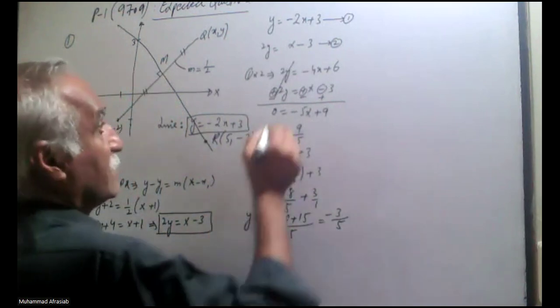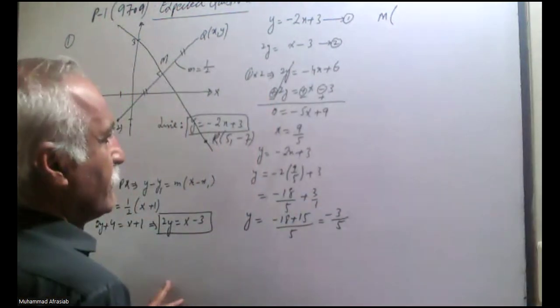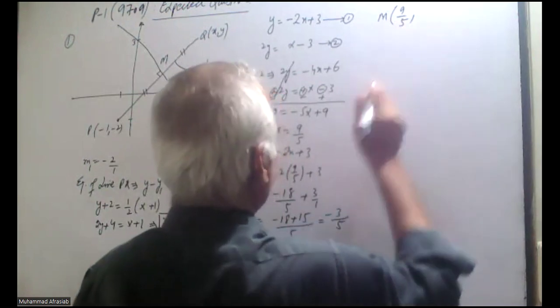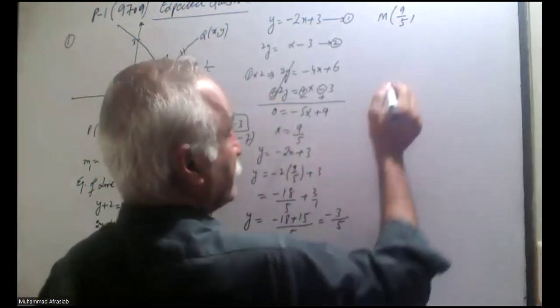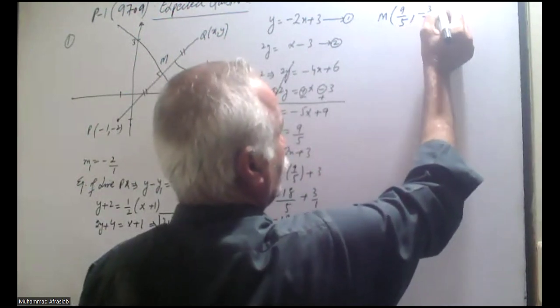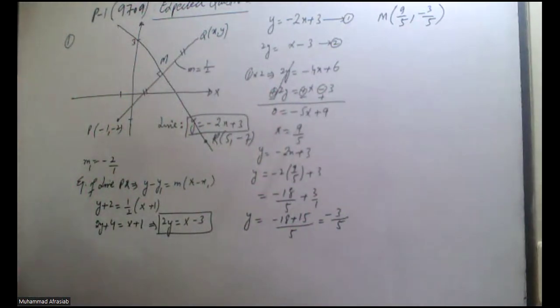So the coordinates of M are x = 9 over 5 and y = -3 over 5. But we still need the coordinates of this Q.